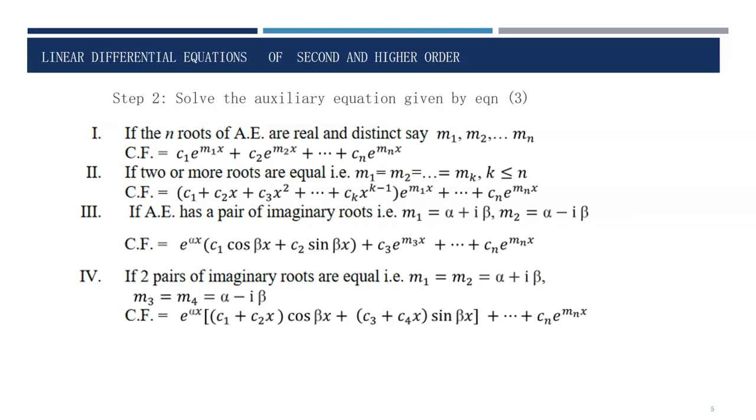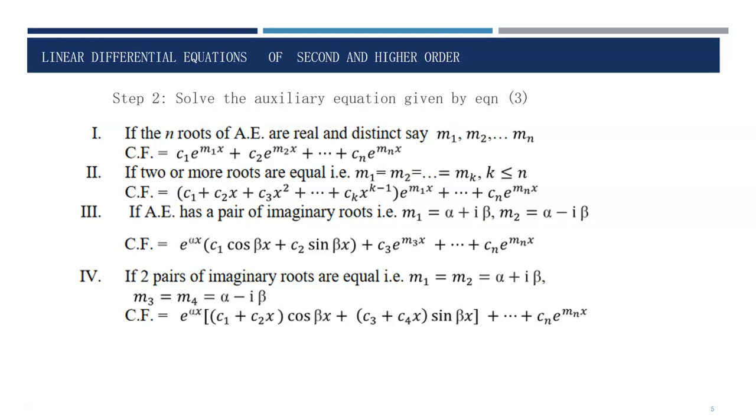The complementary function is c1 plus c2x plus c3 x square plus and so on plus ck x to the power k minus 1, into e to the power of the common root, mx, plus and so on. Suppose the roots are equal, that is 3, 3, there are only two roots, then we write the complementary function as c1 plus c2x into e to the power 3x, that's all.